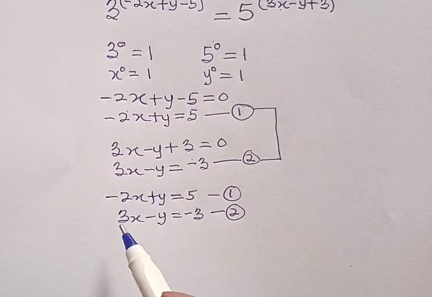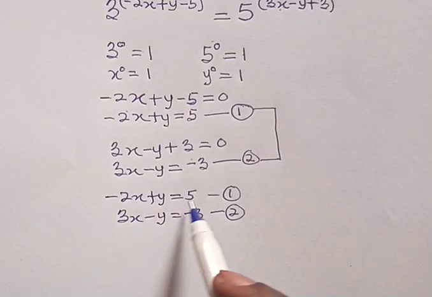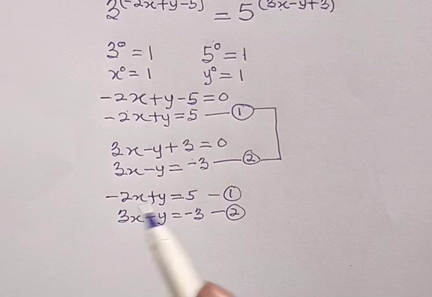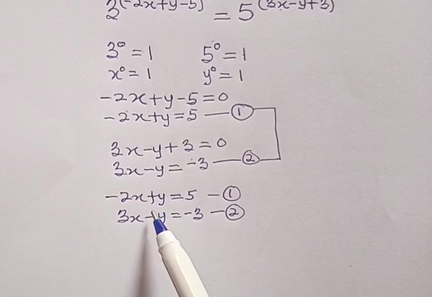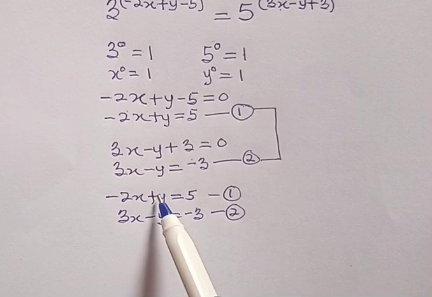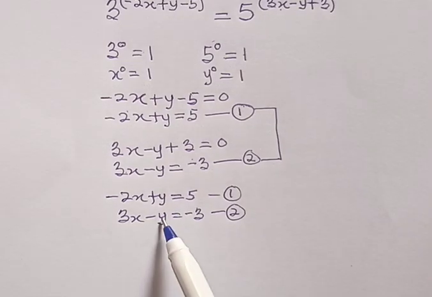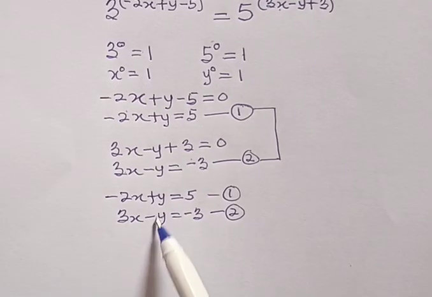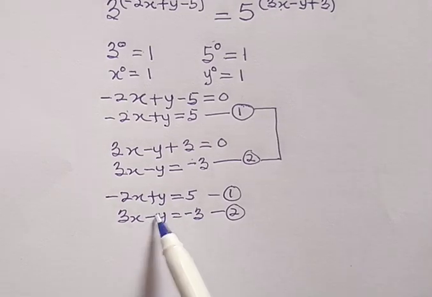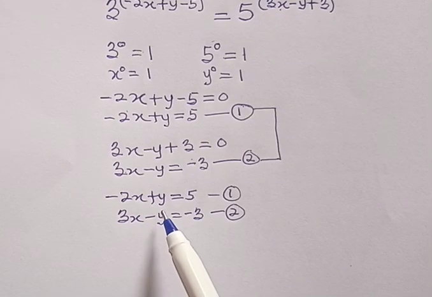So we are going to solve these two simultaneously. Good. So how do we solve this simultaneously? I know you remember how to solve simultaneous equations. Looking at this side, we have y here, we have y here. Since the coefficients are 1 and 1, then we can easily solve them using what?